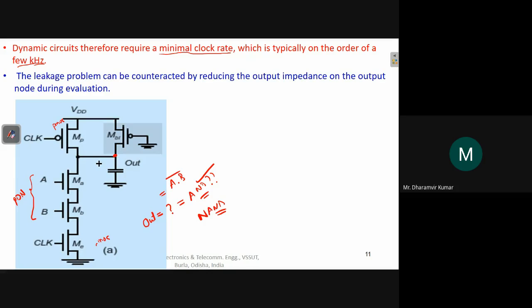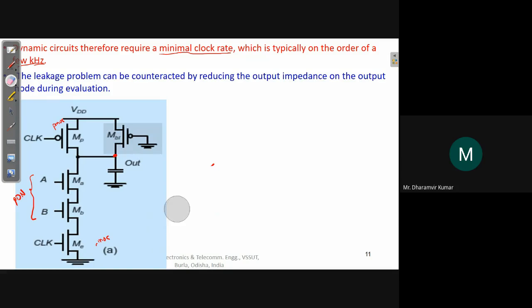Now, we were here like this is NMOS, this is PMOS, this is the pull down network, and this is the output terminal.